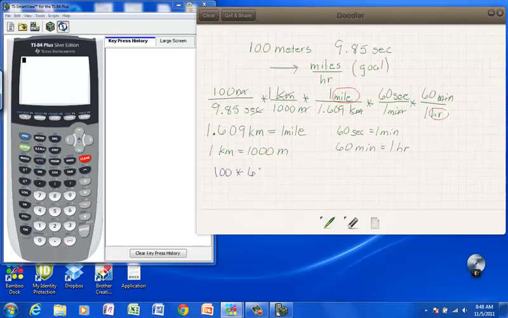So I have 100 times 60 times 60, and 9.85 times 1,000 times 1.609. On my calculator, I'll want to group the numerator and the denominator.